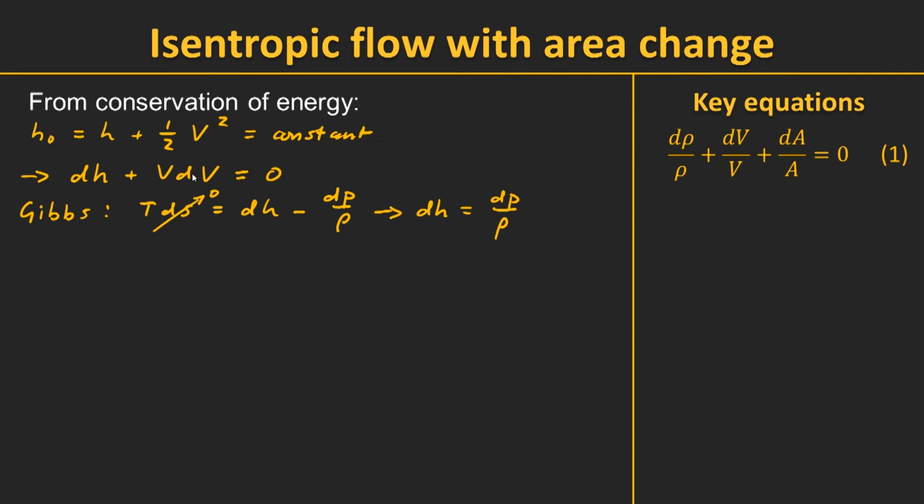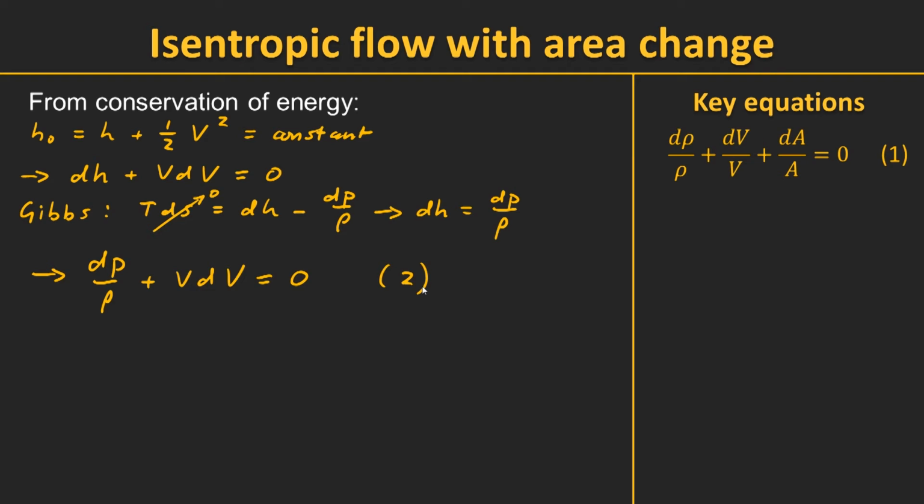If we then use this to replace dh in our differential form of conservation of energy, then we're going to end up with dP over ρ plus V dV is equal to 0, and we'll label this equation 2.